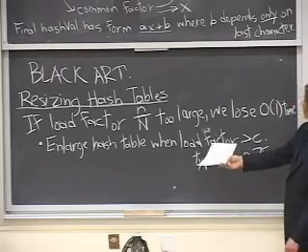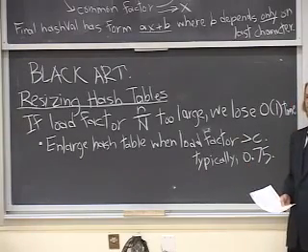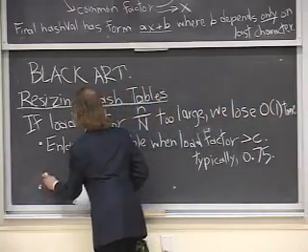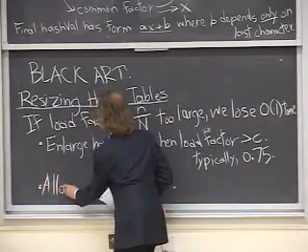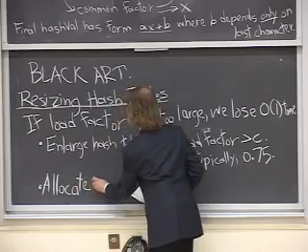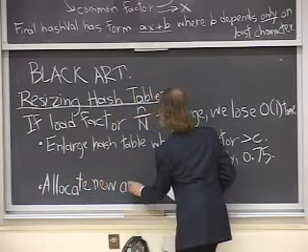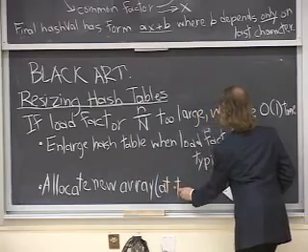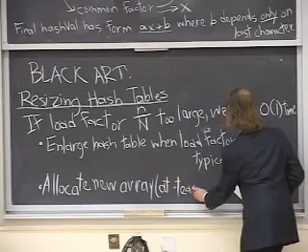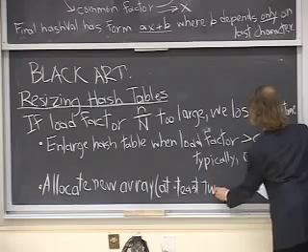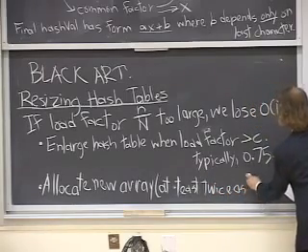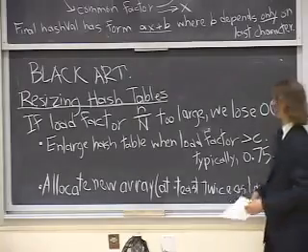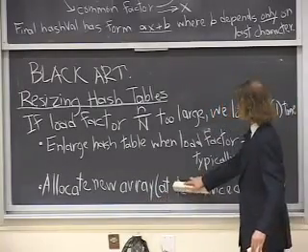As soon as you insert the item that puts you over the threshold, we're going to allocate a whole new array to hold our hash table. And the new array should be at least twice as large as the old hash table. So we're about doubling the number of buckets here.